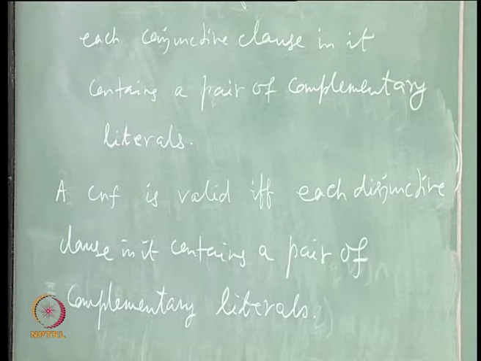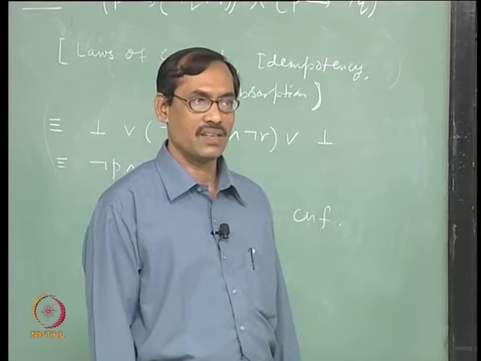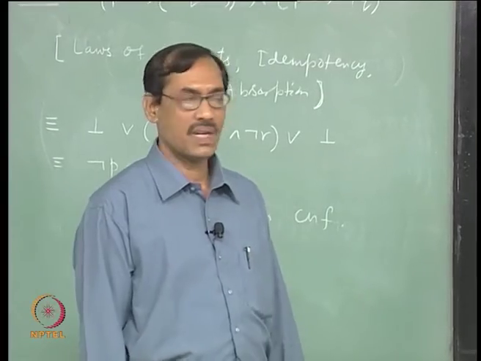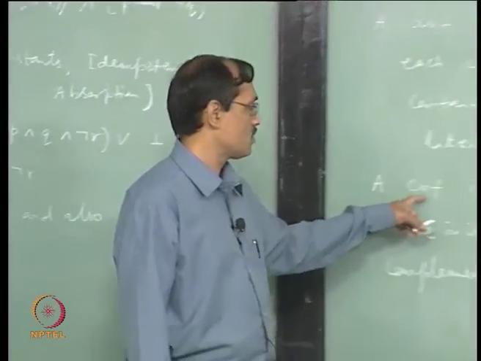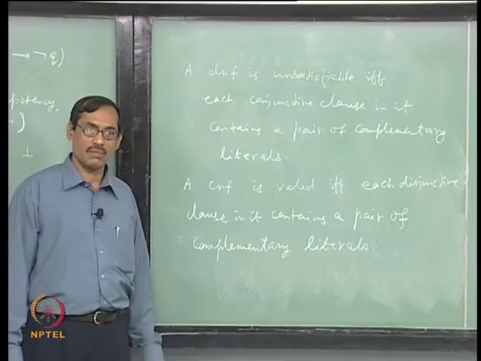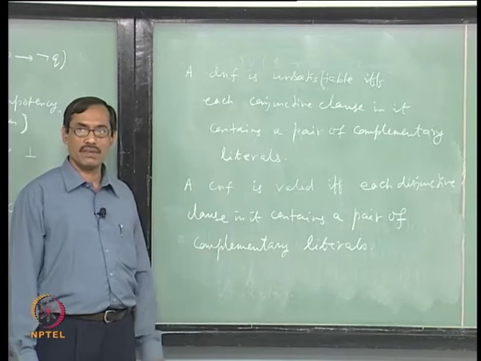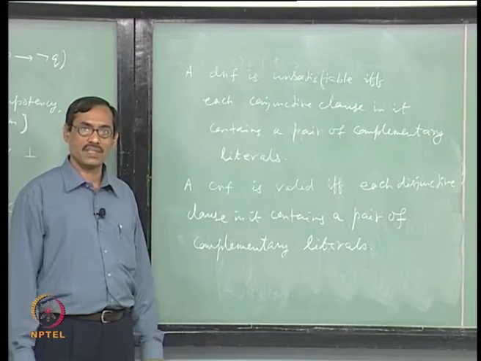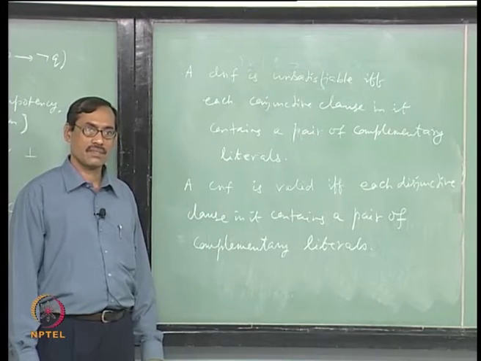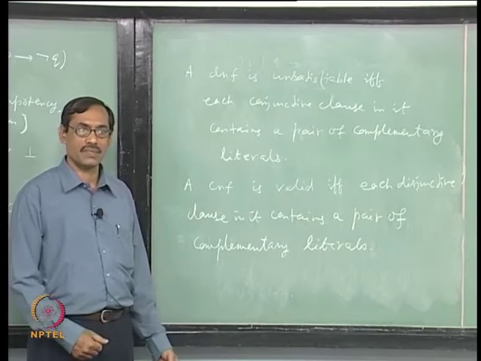So, that means if you convert to a normal form, then you can decide whether it is valid or it is not. Validity can be decided by changing it to CNF, fine. If you want to find whether it is satisfiable or not, then convert it to DNF, you can find out whether it is satisfiable or not. Is that clear? But unfortunately, one of the forms does not tell you both.